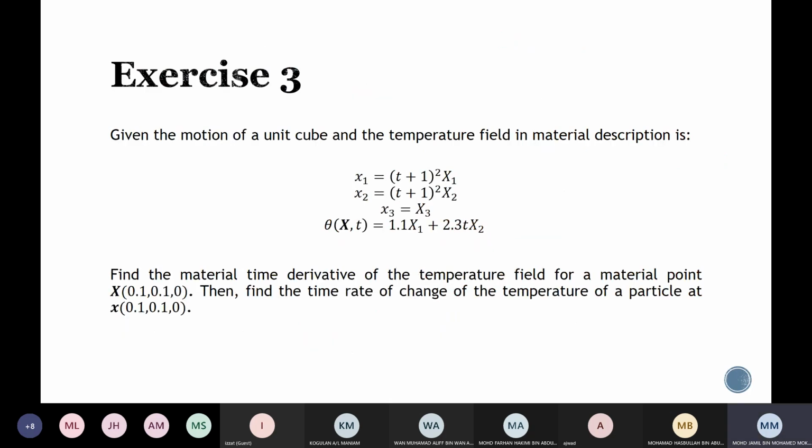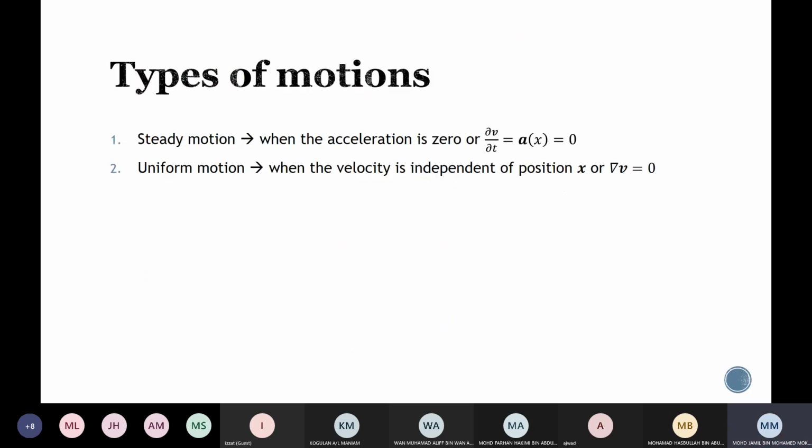So there's an exercise here. We will discuss this next week, inshallah. So you can try this exercise first. Okay, so this is just an additional note. There are two types of motion. So we have steady motion. Steady motion is when acceleration is 0. So when acceleration is 0, then the motion is steady.